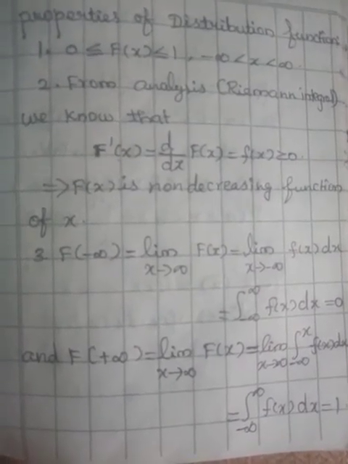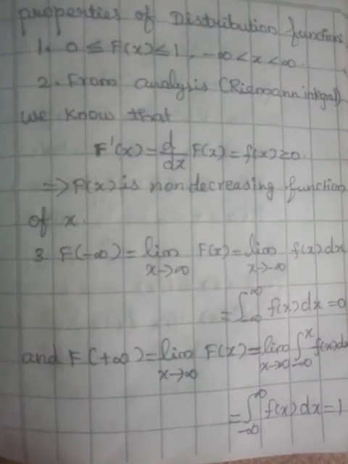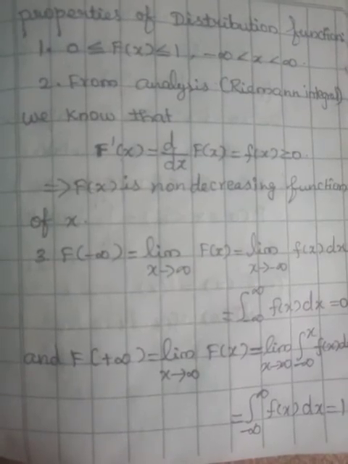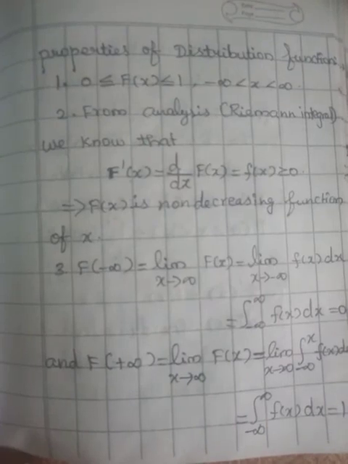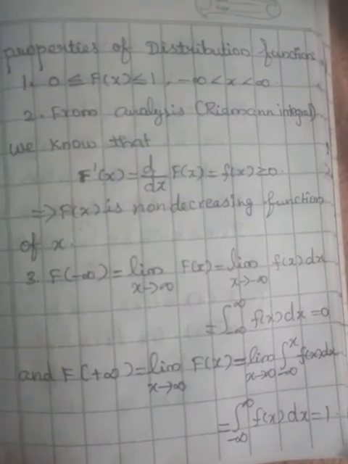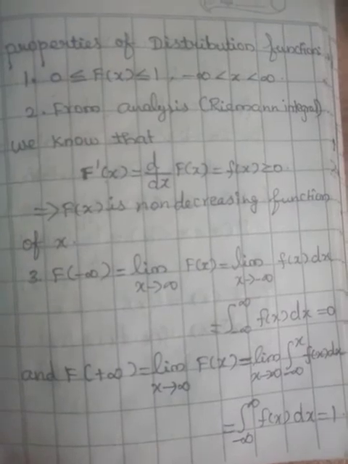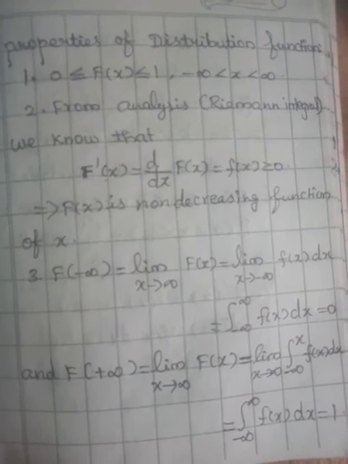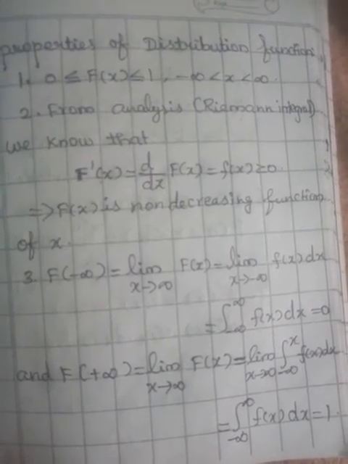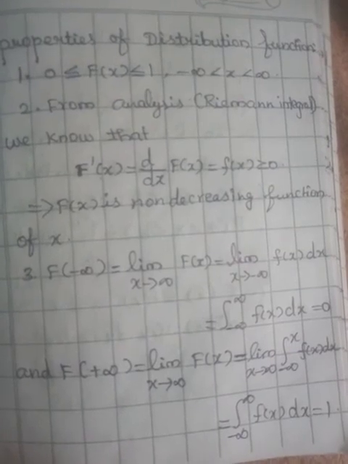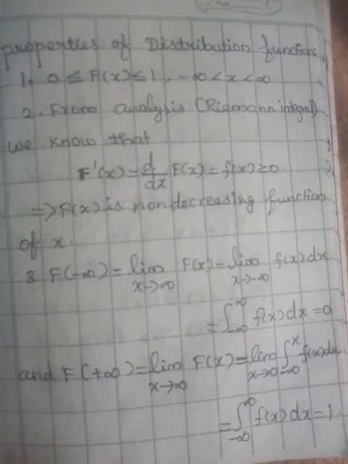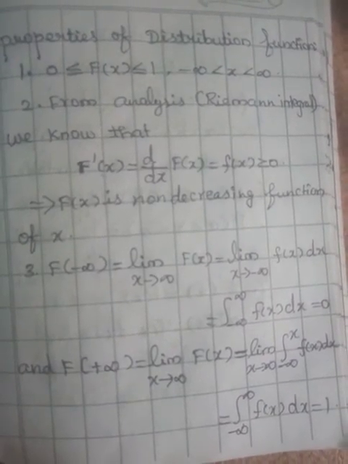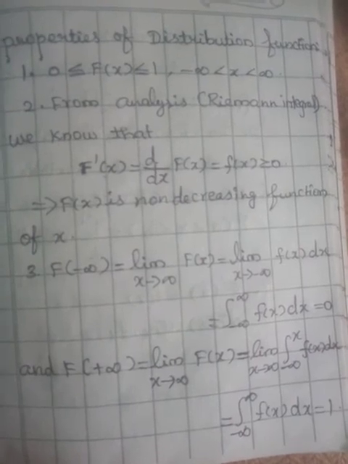And F of plus infinity is equal to limit x tends to infinity of capital F of x, equal to limit x tends to infinity of the integral from minus infinity to x of f of x dx, which is equal to the integral from minus infinity to plus infinity of f of x dx equal to 1. So F of plus infinity value is 1. Therefore F of infinity equal to 1.